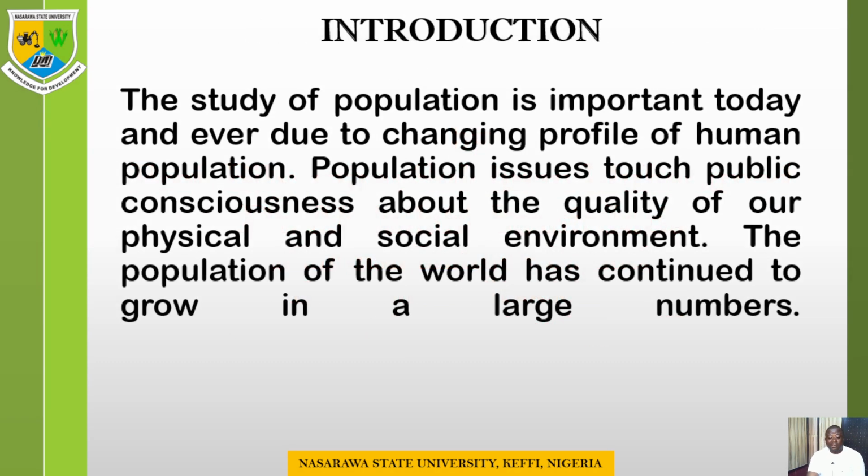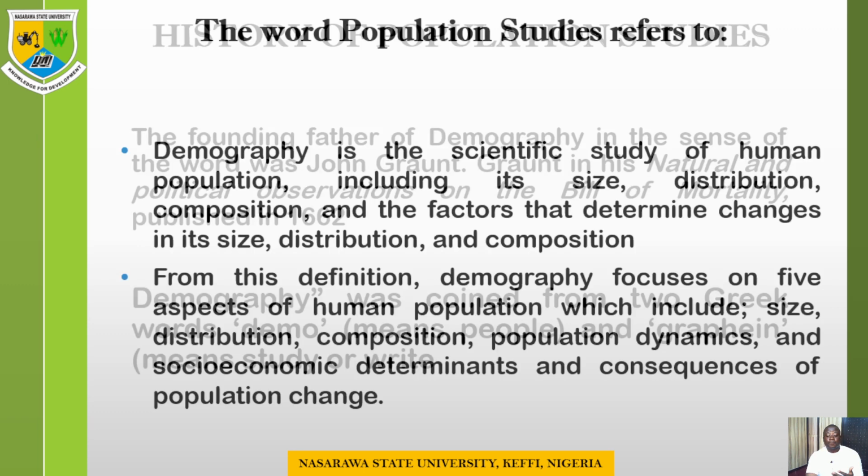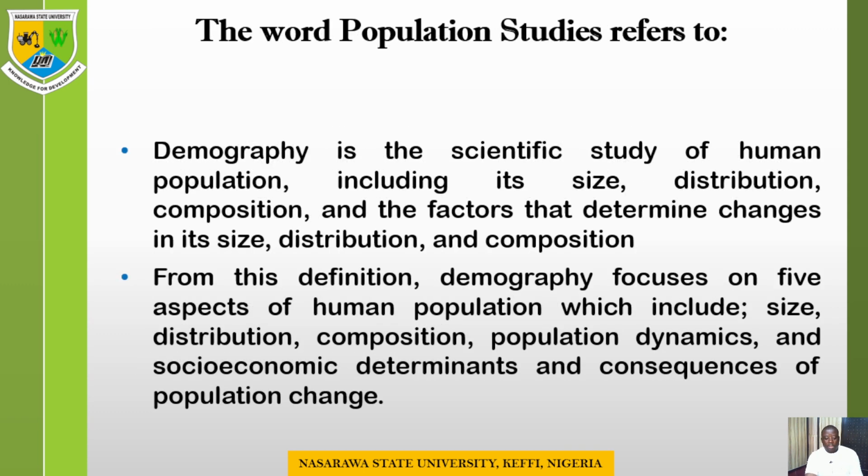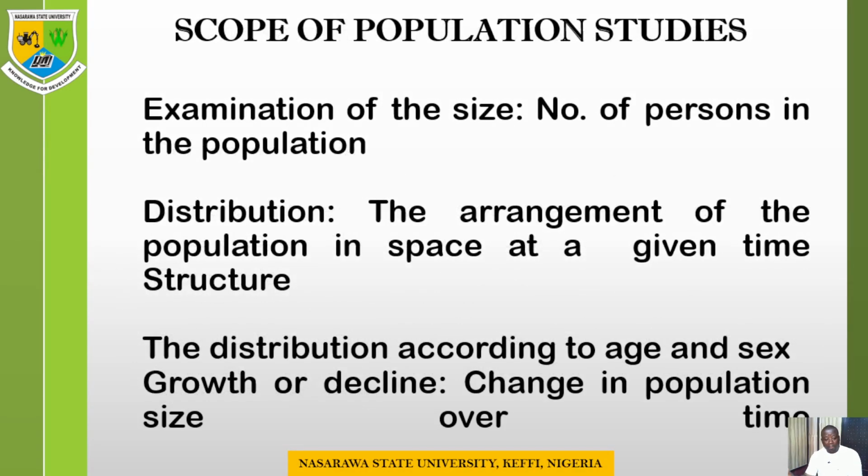We are also interested in the five aspects of human population: the size, the composition, the distribution, the dynamics or changes, and the socio-economic determinants. And if there is a population growth or a population decline, what will be the implication and the consequence on human population changes?